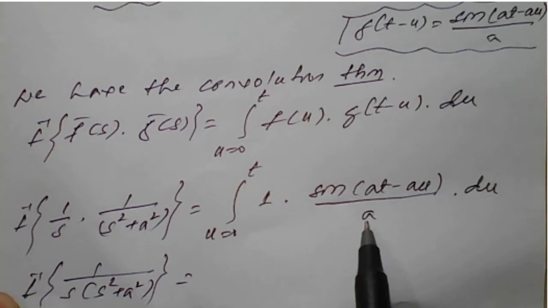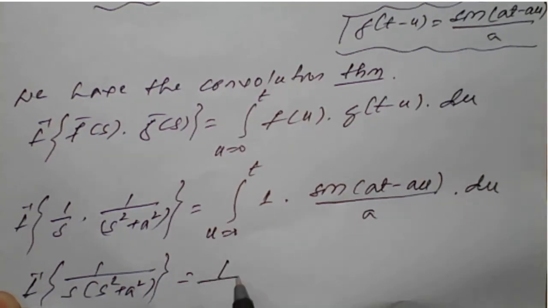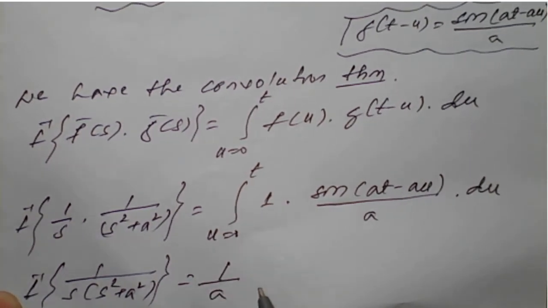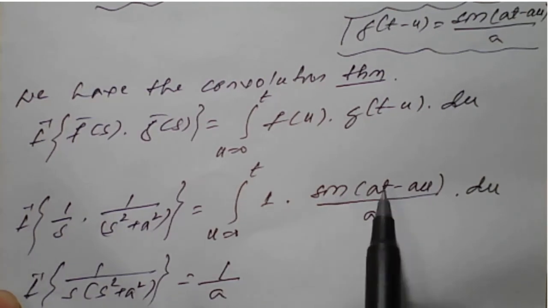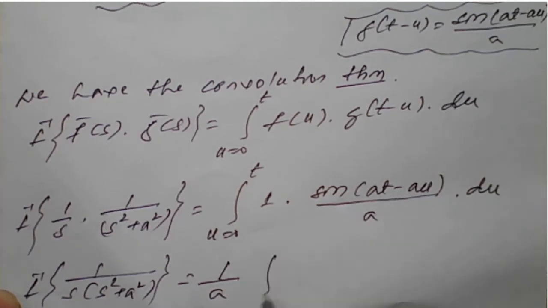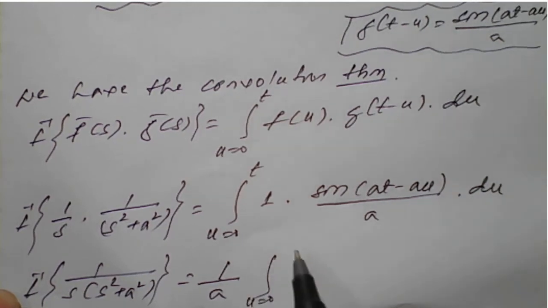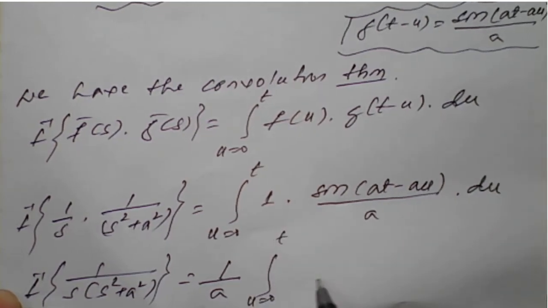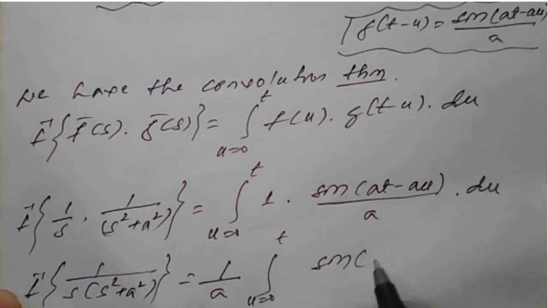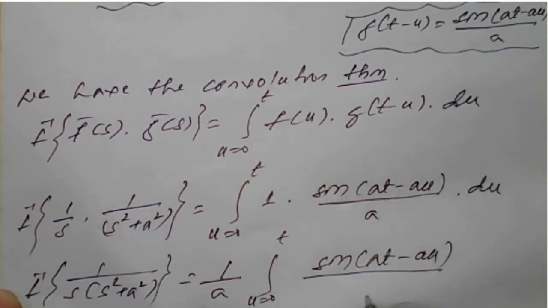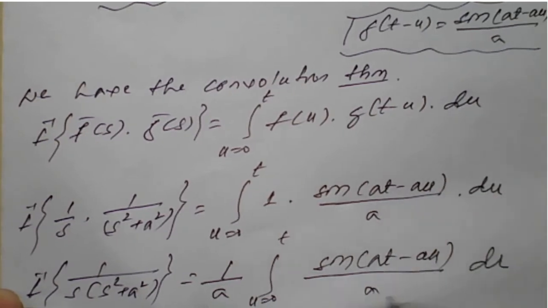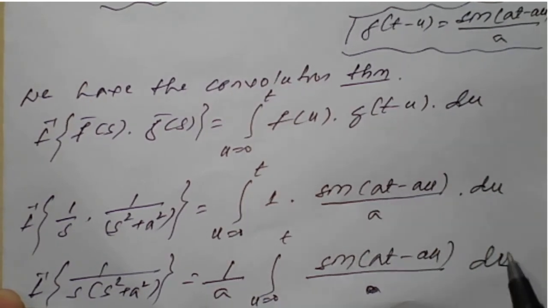So divided by a is there, so that a we will take out as 1 upon a. In the next step I will integrate u from 0 to t sine of at minus au divided by a into du.